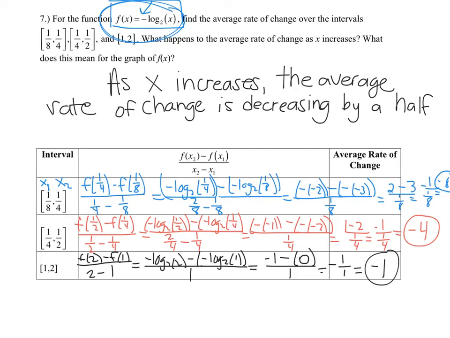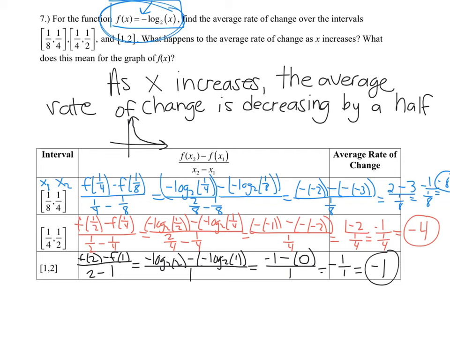So what does this mean for the graph? Well, as we expected, it's a logarithm with a negative a value, so it's got the flip in orientation, so it's going to appear something like that. So please remember that average rate of change is just slope. You're calculating the slope on domain intervals. Because we have a curve, it does not have a constant rate of change.